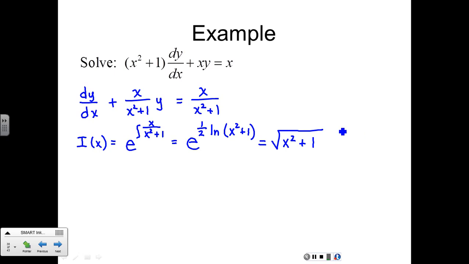But the 1/2 becomes the power. In fact, I think I may need to work with the 1/2 power instead. I'm not sure on that, just to make it make more sense. Okay, so multiply by the integrating factor on each side.